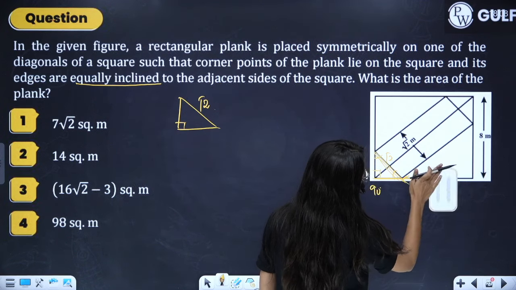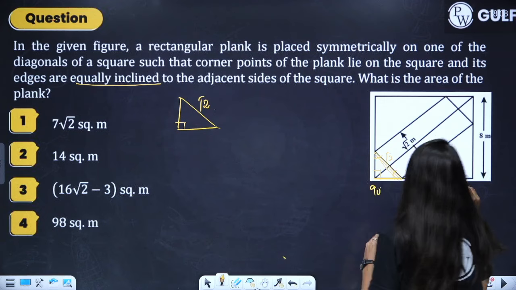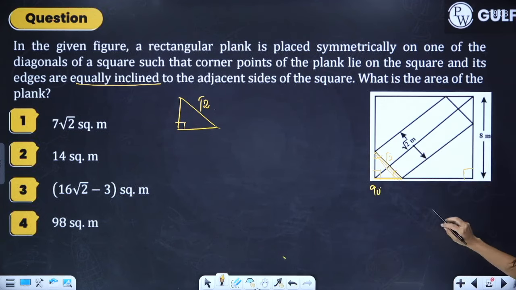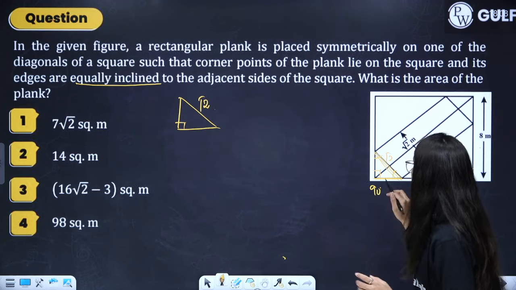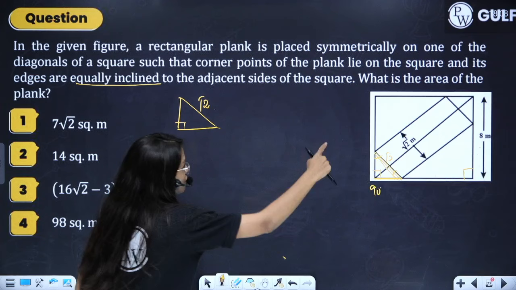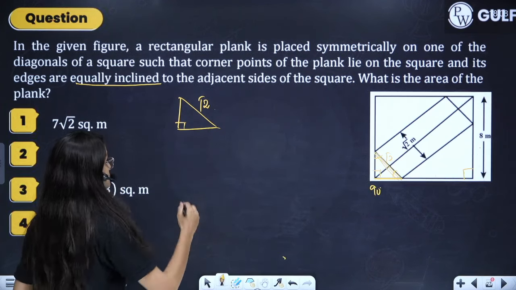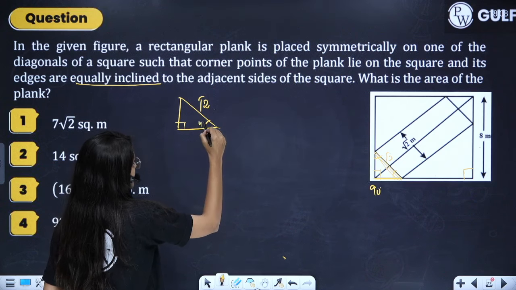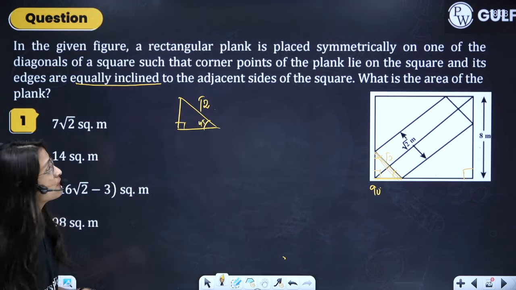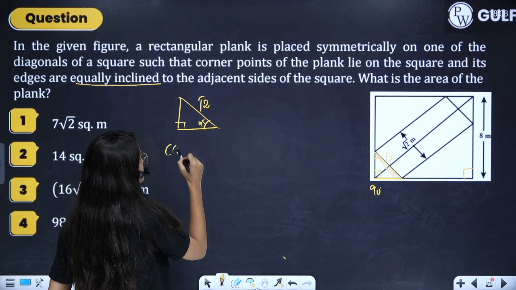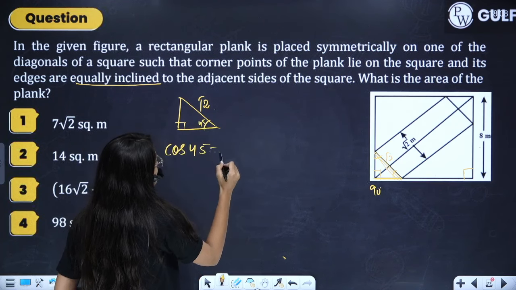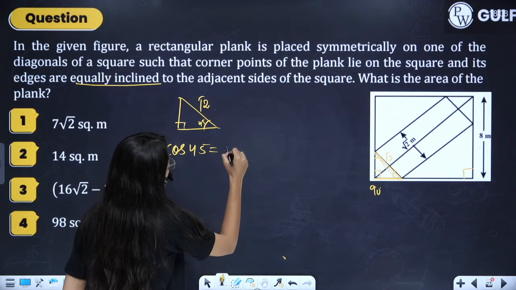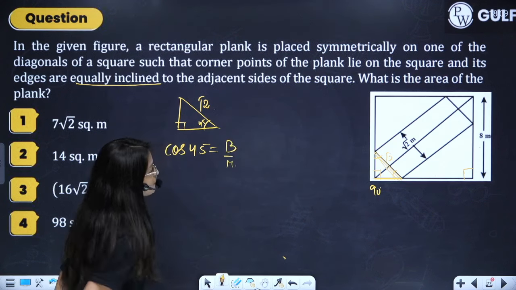And if I get x from here, as this angle is also 90 degrees, I would be able to find the other one also. So it's very compulsory to find this side. Without this, you cannot find the area of the plank. Here I know that the angle is 45. By using trigonometry, we can say that cos 45 would be base by hypotenuse, right?